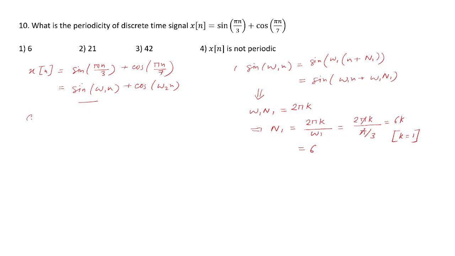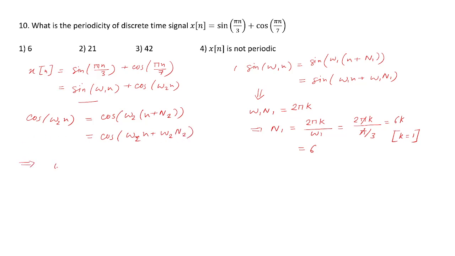Similarly, for cos(omega 2 n), consider it is periodic with period capital N2. So we can write this as cos(omega 2 times (n plus N2)), which results in cos(omega 2 n plus omega 2 N2).